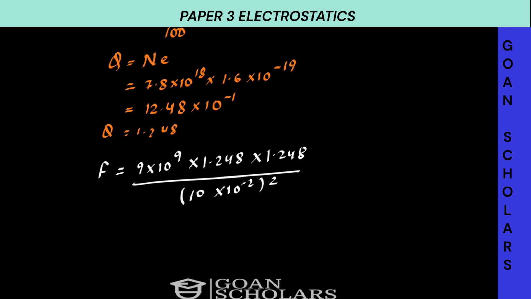Let's simplify it. First of all, let's multiply 9 into 1.248 into 1.248. So this will be 14.01 or 14.02, we can make it, into 10 to the power 9 whole divided by 10 to the power minus 1 whole square, right? 10 into 10 to the power minus 2 is 10 to the power minus 1 whole square, which is nothing but 10 to the power minus 2, and 10 to the power minus 2 goes up.